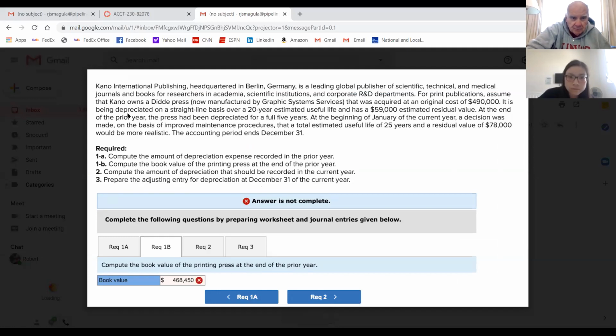$490,000, and it was being depreciated for 20 years, right? Yes. It had a residual value of this. So you take 490 and subtract the 59 to get the depreciable amount, and then you divide it by 20, and they did that for 5 years, right? Yes.